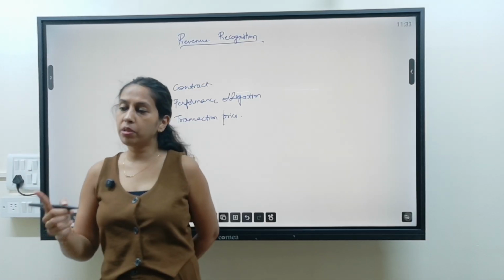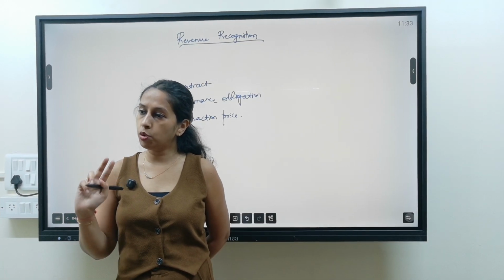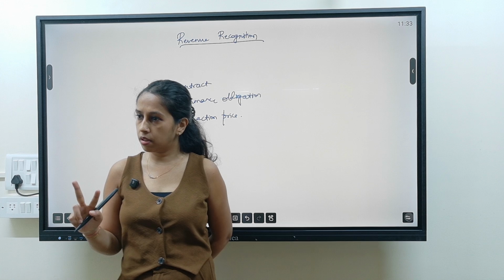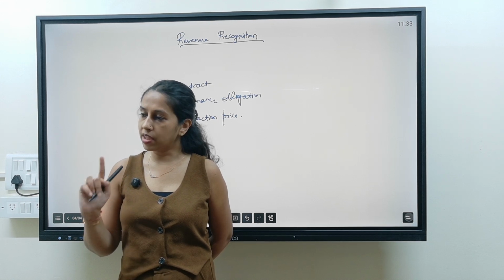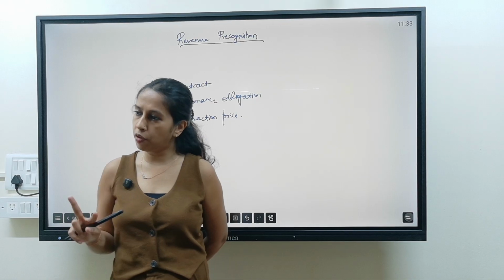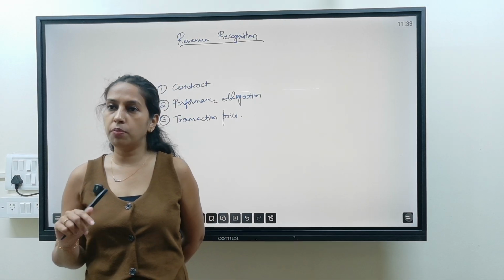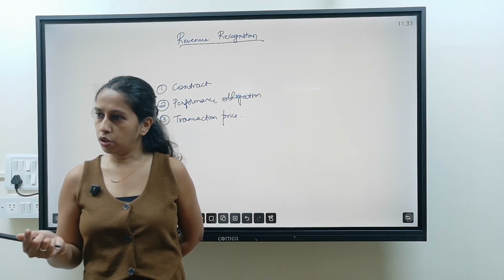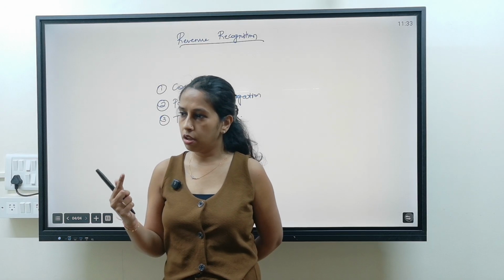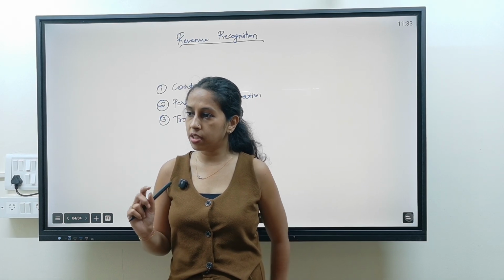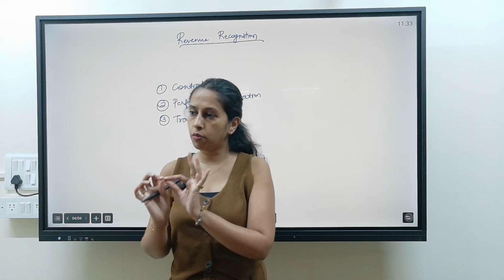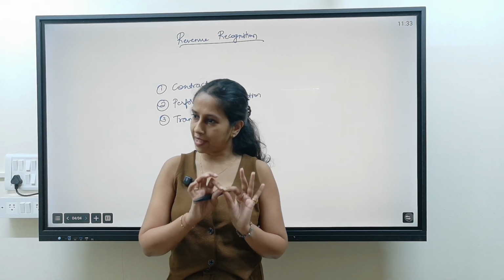So there is a possibility that one sale can have two performance obligations. Is that possible? Can one sale have two performance obligations? So say if you buy a washing machine, you go to Reliance Digital, you buy a washing machine. So first performance obligation is they delivering you the washing machine to your residence.